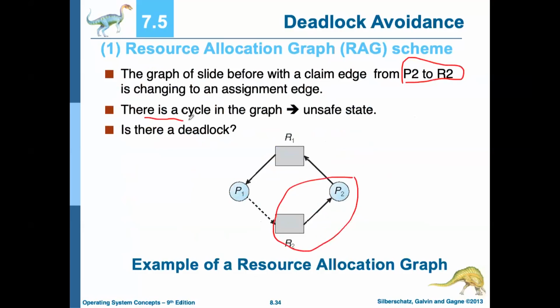So there is a cycle in the graph, which shows an unsafe state.